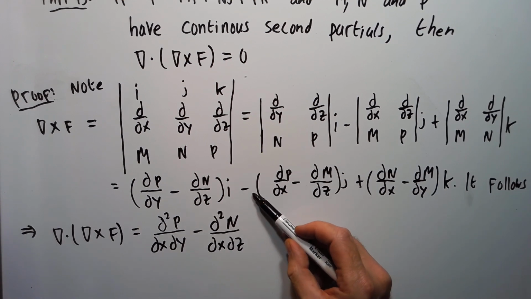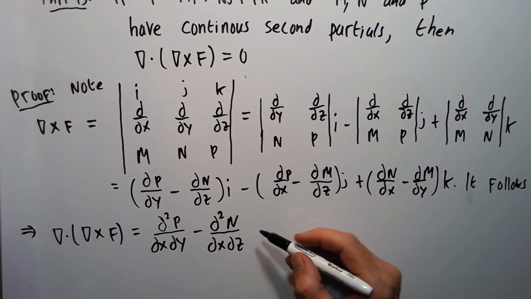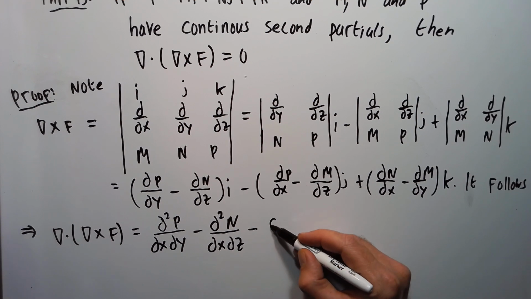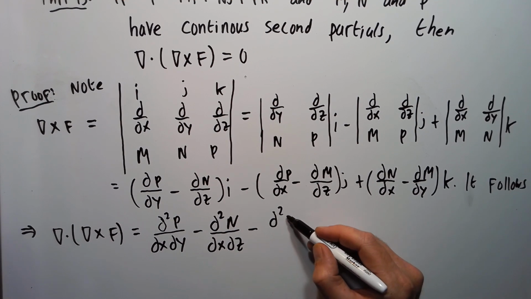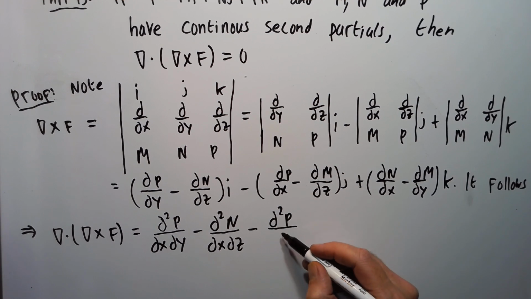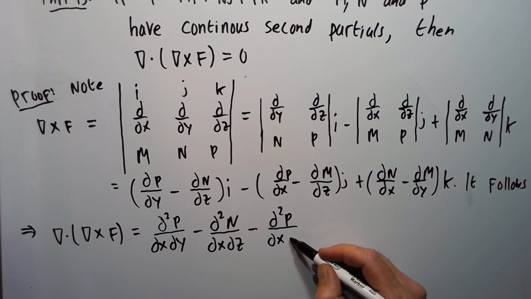Then the partial y operator will act on this one. So it'll be then minus partial P, partial x, partial y.